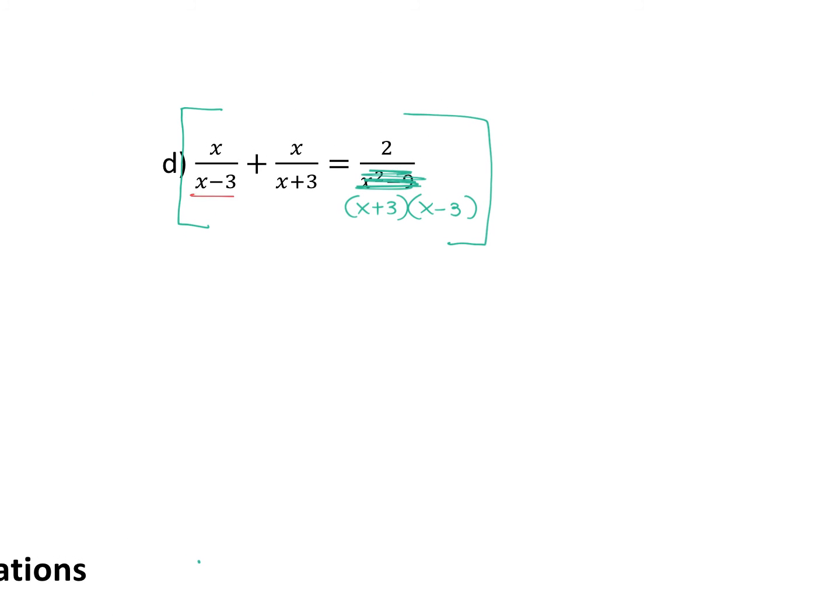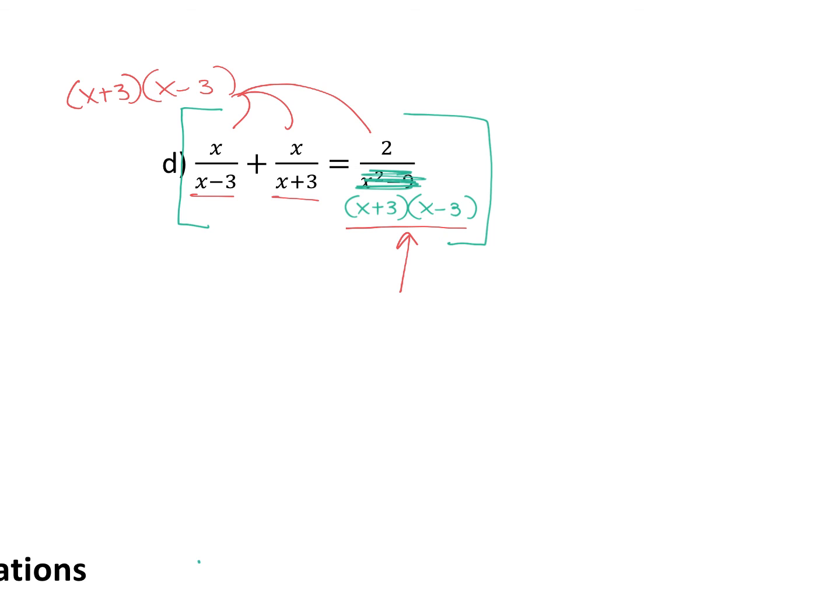You have an x minus 3, you have an x plus 3, you have an x plus 3 times x minus 3. It's this, right? X plus 3 times x minus 3 can be the denominator for any of those 3 denominators that we have. So you're going to do x plus 3 times x minus 3 with all of these.